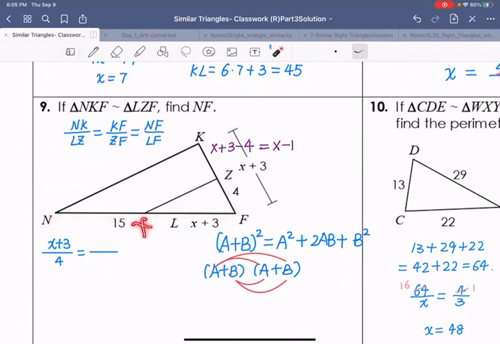Yes, plus them together is X plus 18. But here, okay. Hold on, let's see here. KF is X plus 3. This is 4. And then we do here as what? X plus 18, right? Over x plus 3. Yes.